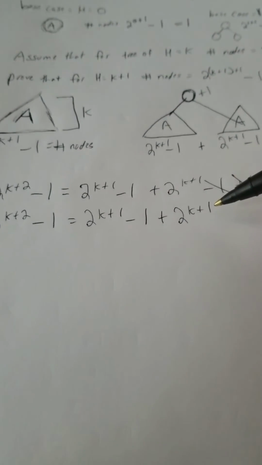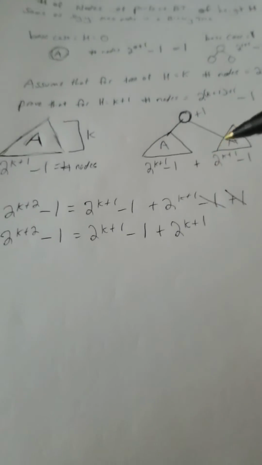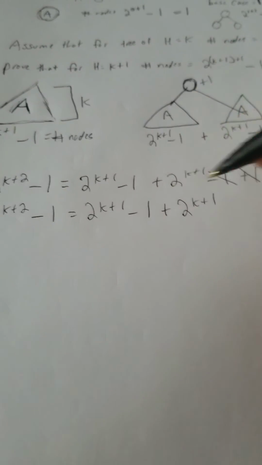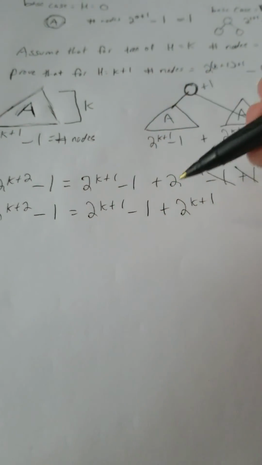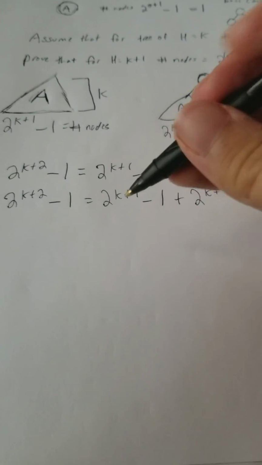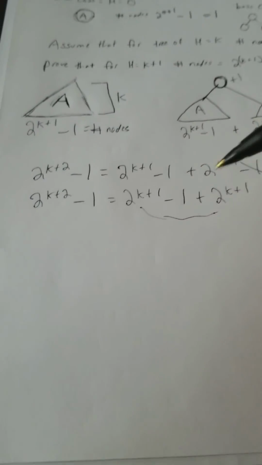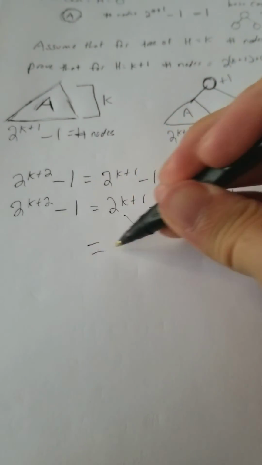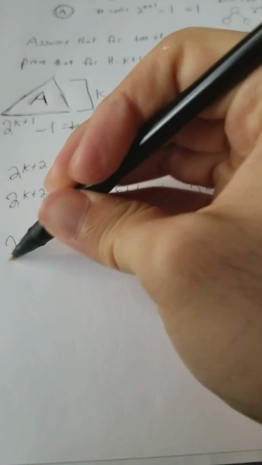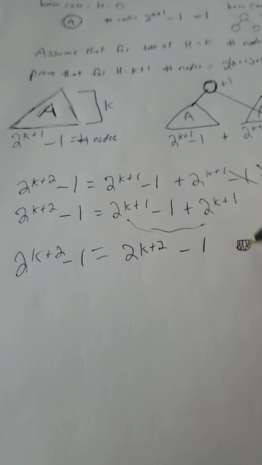When a number has a base of 2 and it has the same power, you just increase that power by 1. So 2 to the k plus 1 plus 2 to the k plus 1 is equal to 2 to the k plus 2. Because we can add these directly and we can ignore the 1 due to associativity, we're going to get 2 to the k plus 2, minus 1 equals 2 to the k plus 2, minus 1, and hence we have proved it.